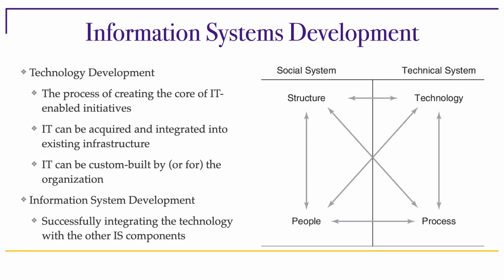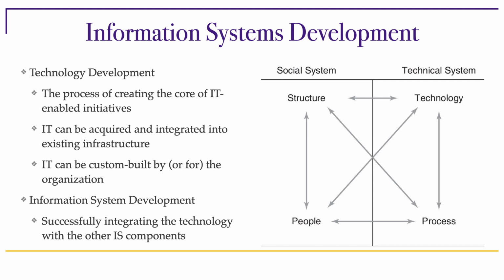So while I sometimes use the terms IT and IS interchangeably, it is important that you remember what you learned in chapter 2 and what an information system is. A lot of this chapter will be about technology development, so the process of creating the IT core for an information system or for an IT-enabled initiative.